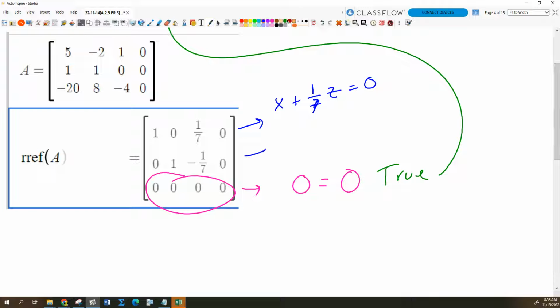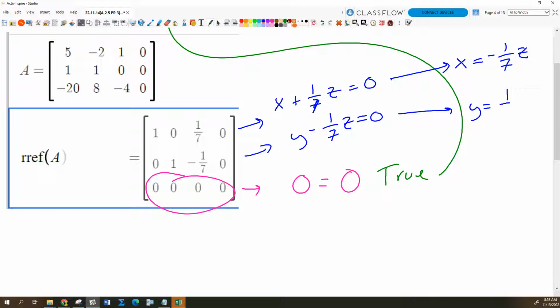Well, this one's telling us y minus 1/7 z equals 0, right? If I solved that first equation for x, I would get x equals negative 1/7 z, right? If I solve the second equation for y, I get y equals positive 1/7 z.